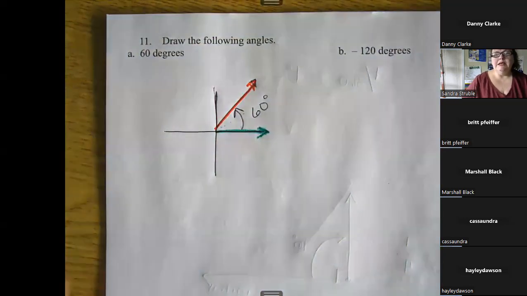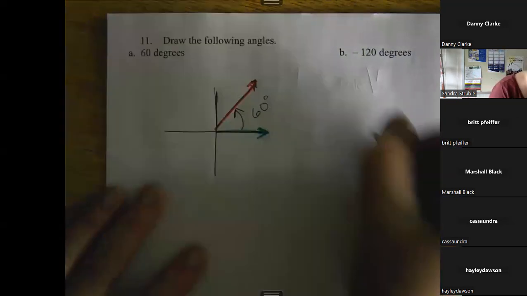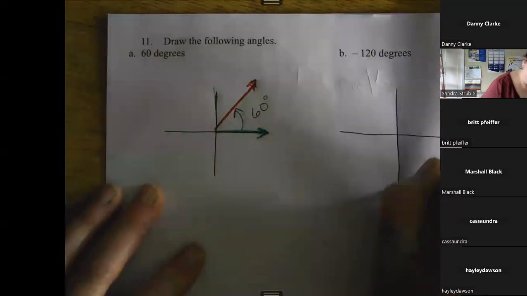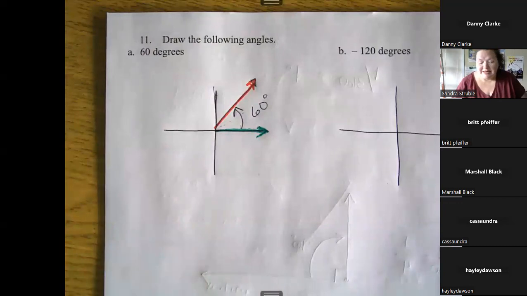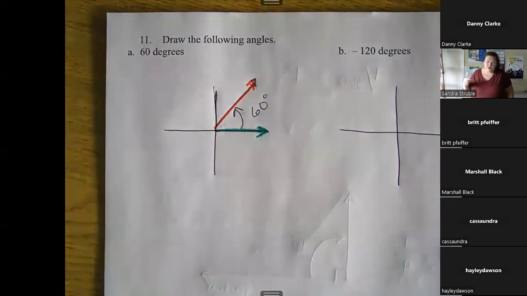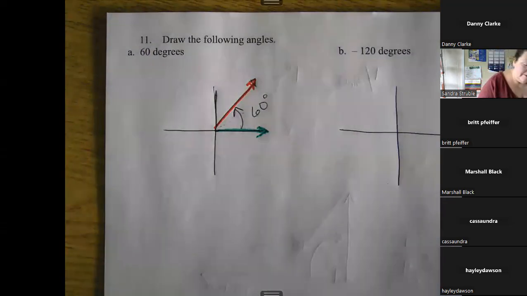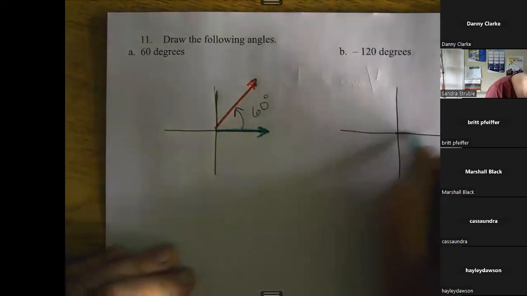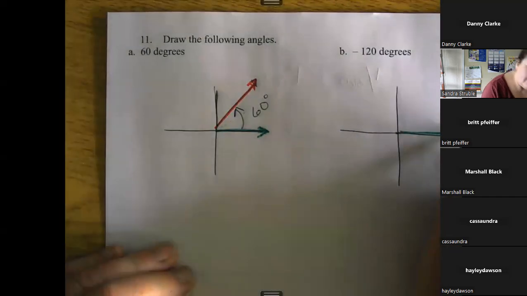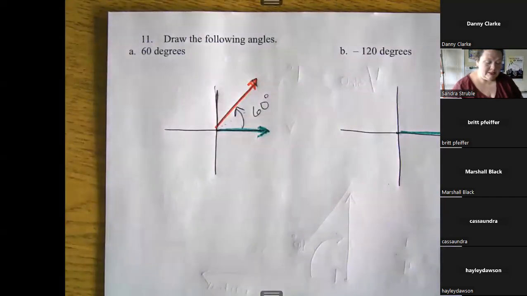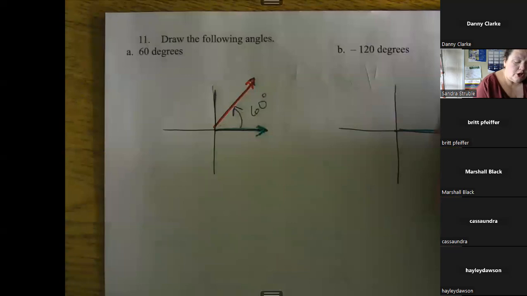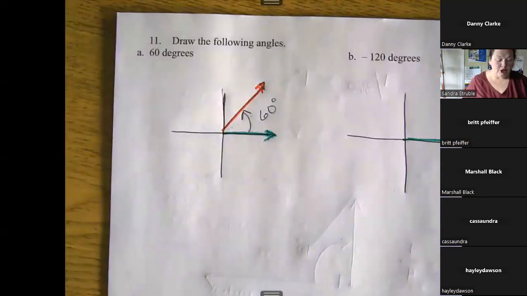Okay. Negative 120 is a different beast because we are no longer going counterclockwise. In order to have a negative angle, which I talked about earlier, we have to start at that initial side. This doesn't change. You always start at your initial side. But instead of going counterclockwise, we're going to go clockwise. So we're going to move like a clock.